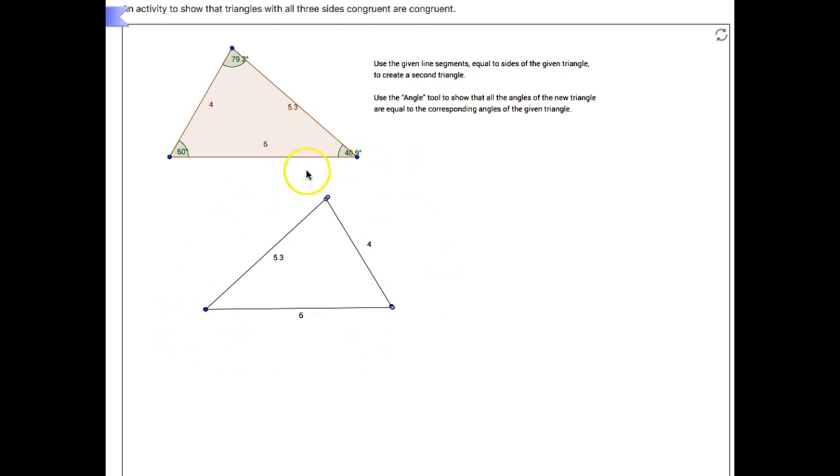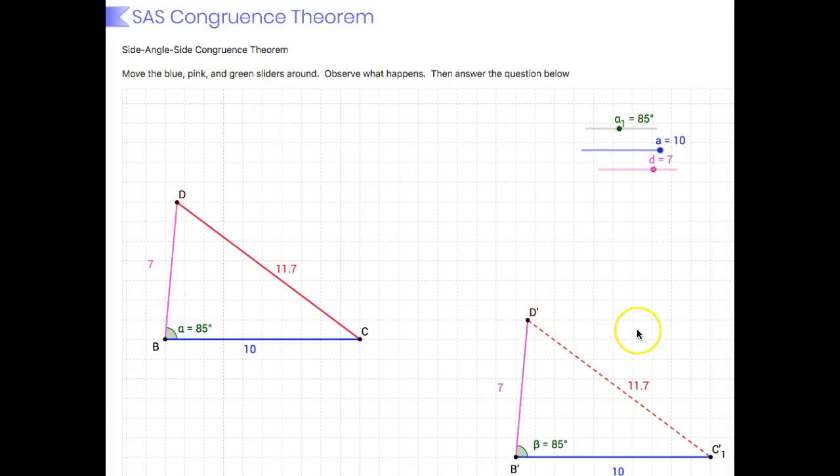These 2 triangles have all 3 sides congruent to all 3 sides in the other triangle, and the angles are also. So they are congruent to each other even though they look like mirror images. Okay, they're geometrically congruent.